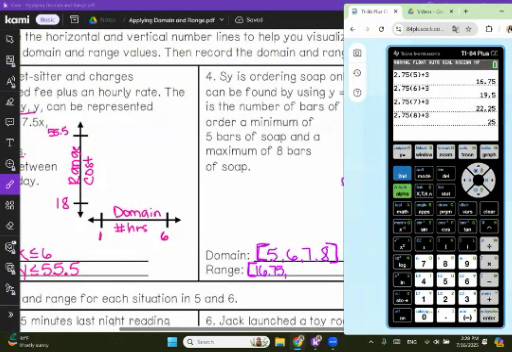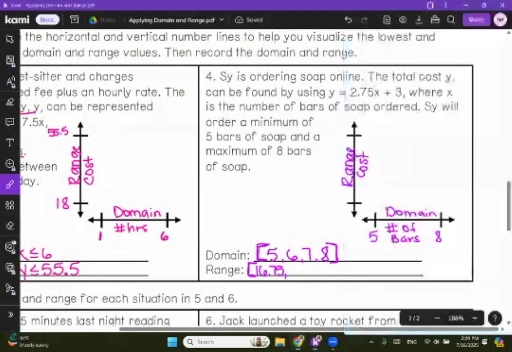So he's going to pay anywhere from $16.75 all the way to $25, depending on what quantity of bars of soap he orders. Okay, you have to think about the context of the situation.